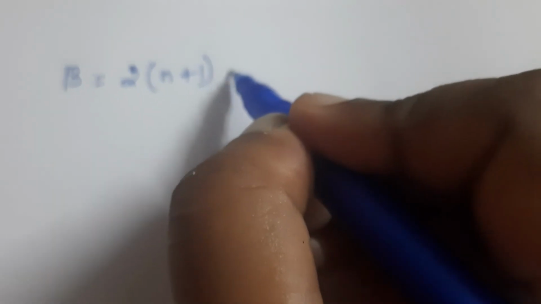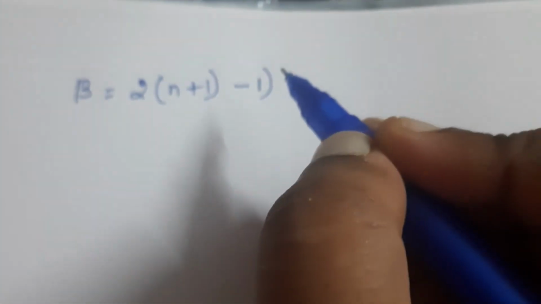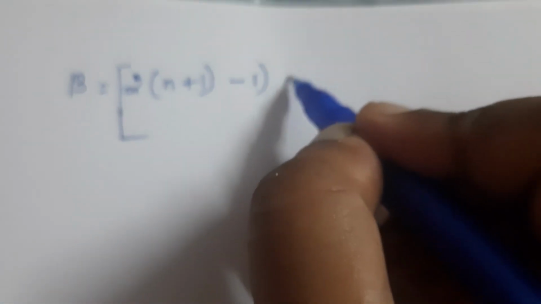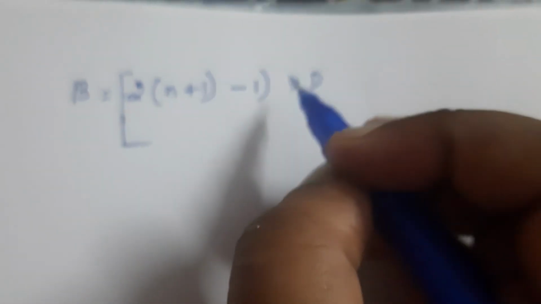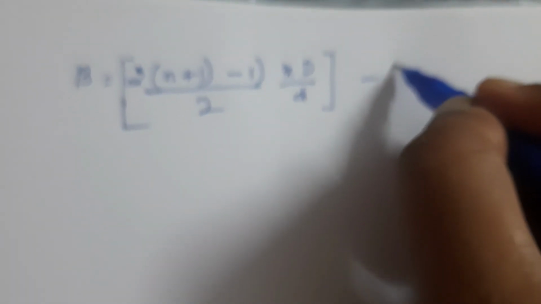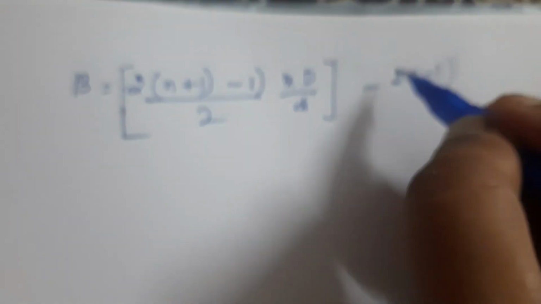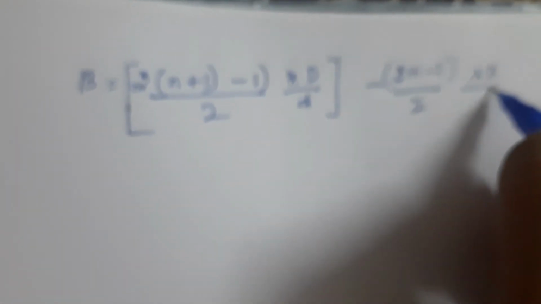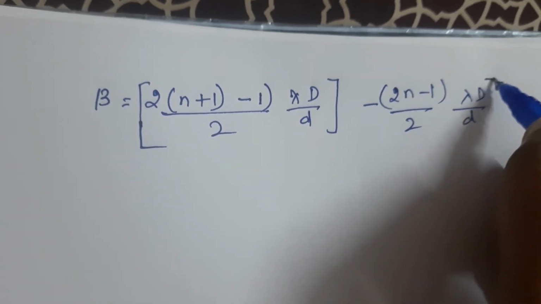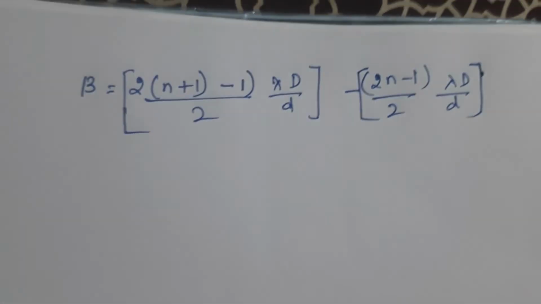So beta is equal to, for n I am going to put n plus 1, so 2 into n plus 1 minus 1, which I take in brackets, lambda D by d, with a 2 in the denominator, minus 2n minus 1 by 2 lambda D by d, also inside the bracket.